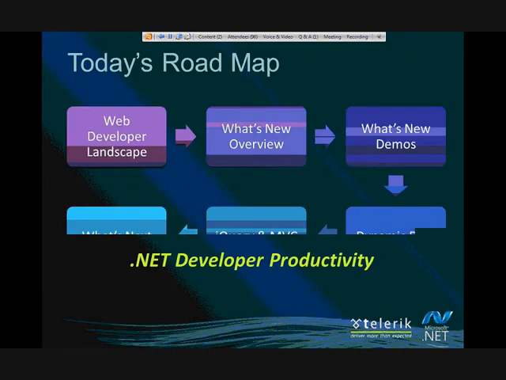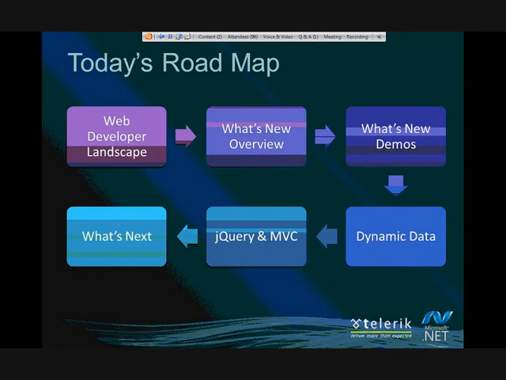But today's roadmap is to talk about, as I said, what's new in ASP.NET 4, and here's how we're going to get through the content. We're going to start by setting the stage and talking a little bit about the web developer landscape. That's essential when we talk about the evolution of ASP.NET, because a lot has changed since the original introduction of ASP.NET, so it's important we understand where this all fits in.